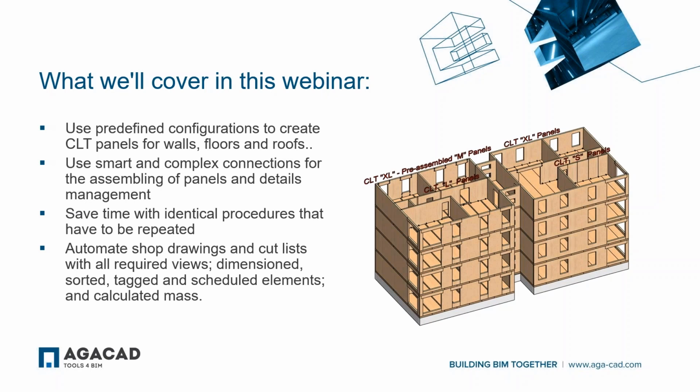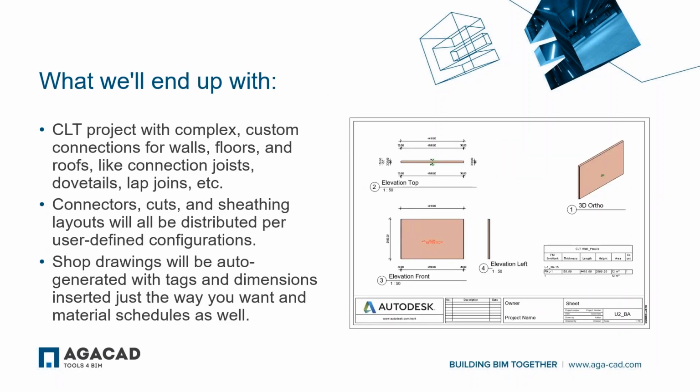Use smart and complex connections for assembling of panels and details management, save time with identical procedures that have to be repeated, and automate shop drawings and cut lists. As a result, you'll see a CLT project with connections for walls, floors, and roofs created, cuts and supports distributed, as well as shop drawings auto-generated with tags and dimensions inserted just the way you want.